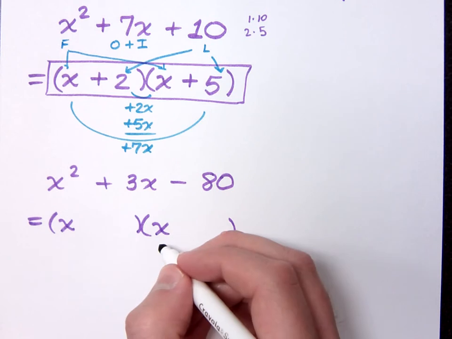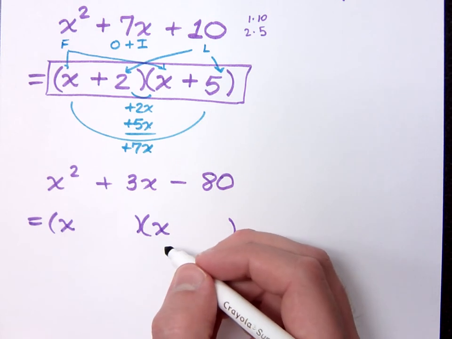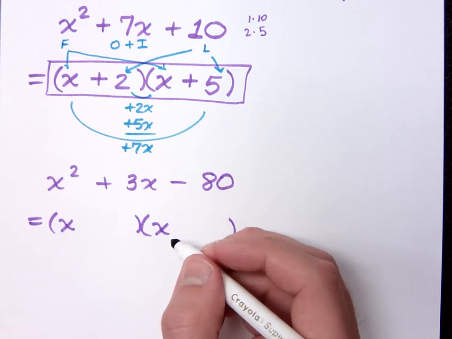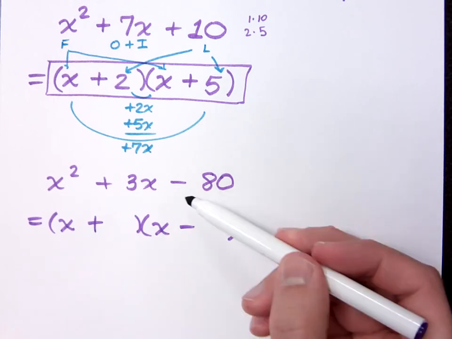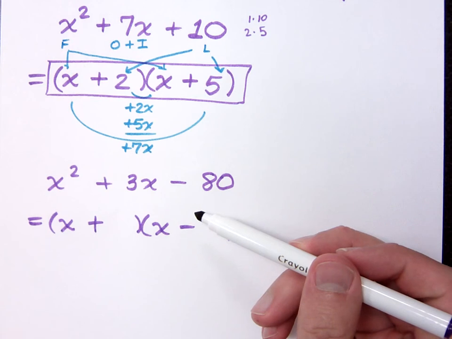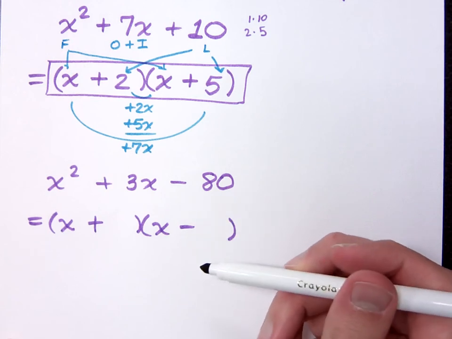Yes. What about your signs? You have one positive and one negative because you have to multiply to get a negative 80. Think about the factor pairs that you have that make up 80.